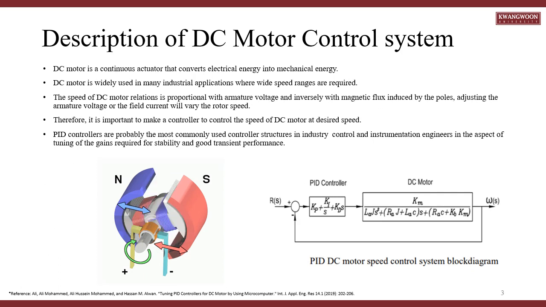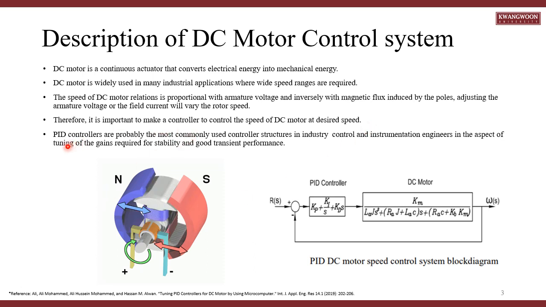In this slide, we will discuss first the DC motor control system. A DC motor is a continuous actuator that converts electrical energy into mechanical energy. Usually, DC motors are widely used in industrial applications where a wide speed range is required. It means we need to control the speed range, and one control that can be used is PID.